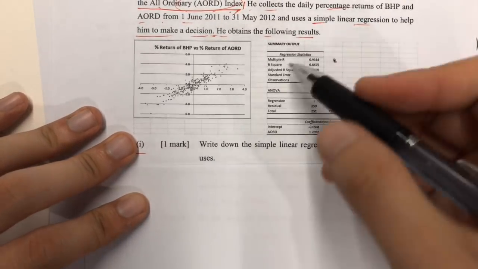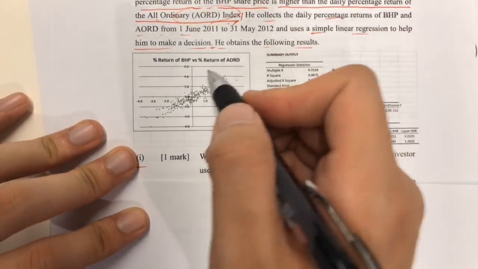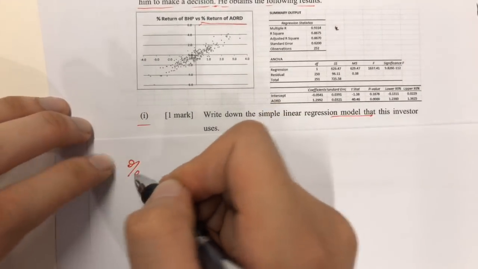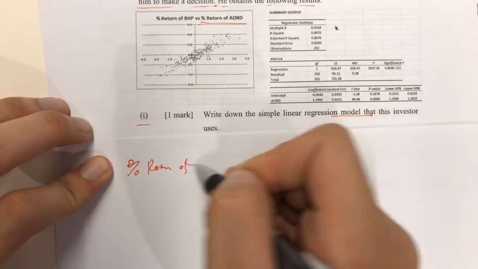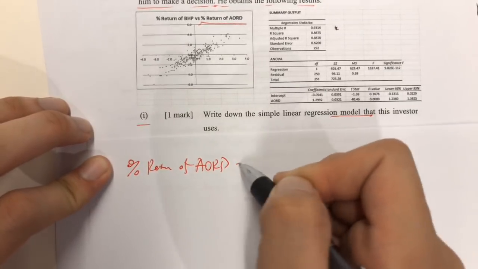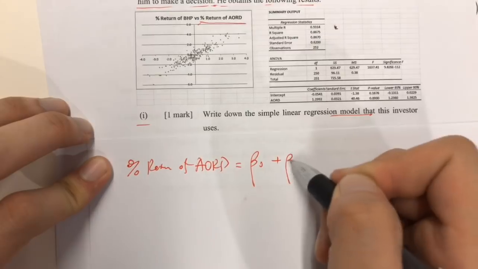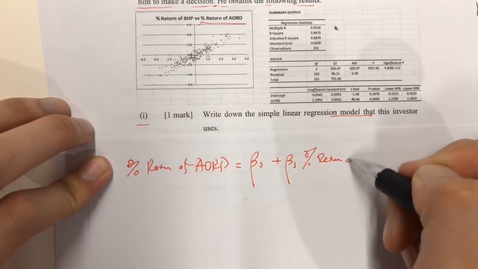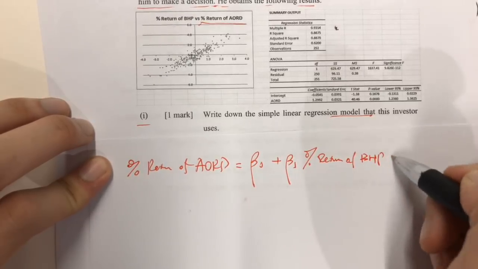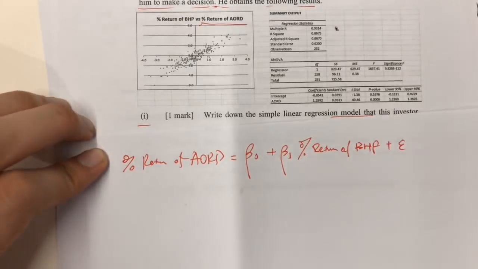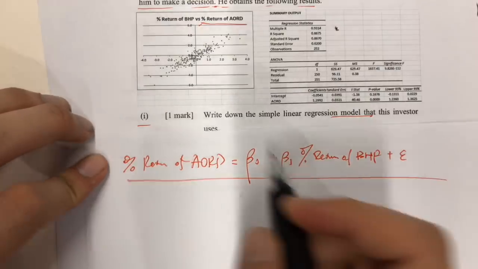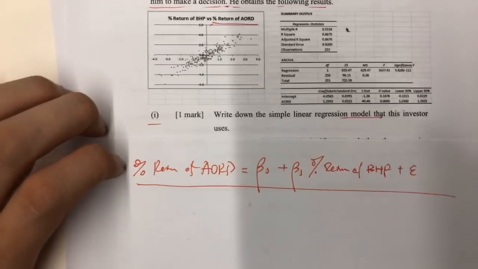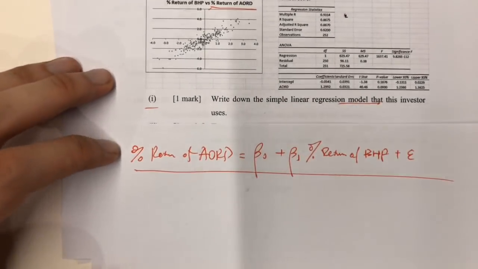What is the dependent variable? It is the percentage return of AORD, right? So we just write percentage return of AORD equals beta 0 plus beta 1 times percentage return of BHP plus an epsilon, okay? So this is the simple linear regression model that the investor uses.